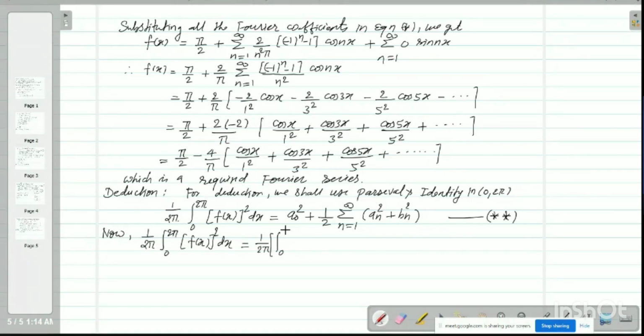First, the limit running from 0 to pi, where f of x is x, but the function is squared, so this becomes x square dx, plus integration of limit pi to 2 pi of f of x the whole square, so you will get 2 pi minus x the whole square dx.